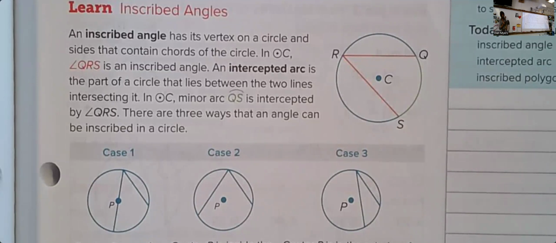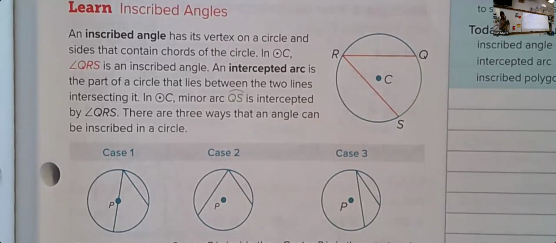So if you have angle QRS inside of circle C, it creates an intercepted arc called QS. That's what we're dealing with. So an intercepted arc is just the two endpoints of that angle that basically cut off a portion of the circle and makes an arc. So this is the intercepted arc QS. That part lies between the two lines intersecting it. In circle C, minor arc QS is intercepted by angle QRS.